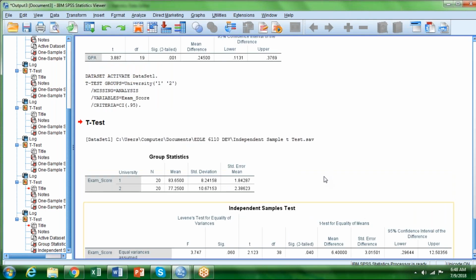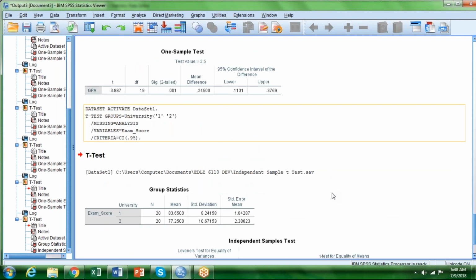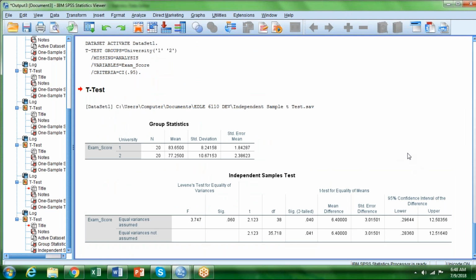So these are the two t-tests that we're running today and the analysis of those t-tests. I think you guys will be able to do a great job.